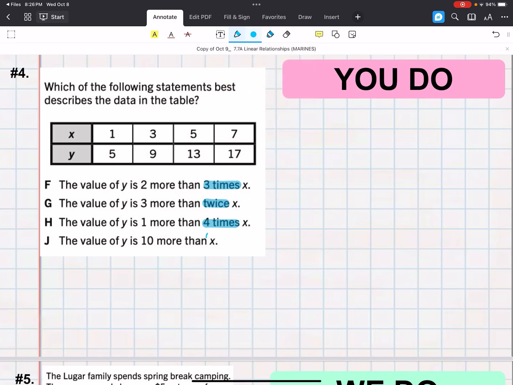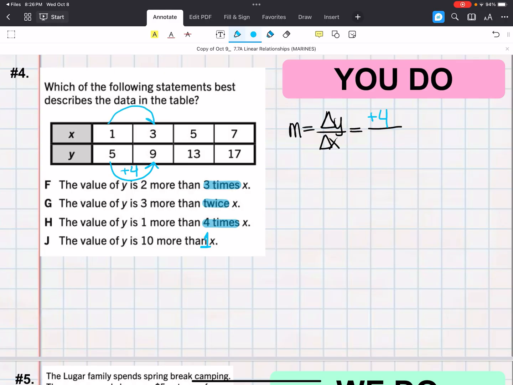And then here, for J, the value of y is 10 more than x. This, remember, is where we said we have our invisible 1 when you don't see a number that you're multiplying x by. So you can just automatically do your rate of change, which is your change in y divided by your change in x. How did I get from 5 to 9? Plus 4.